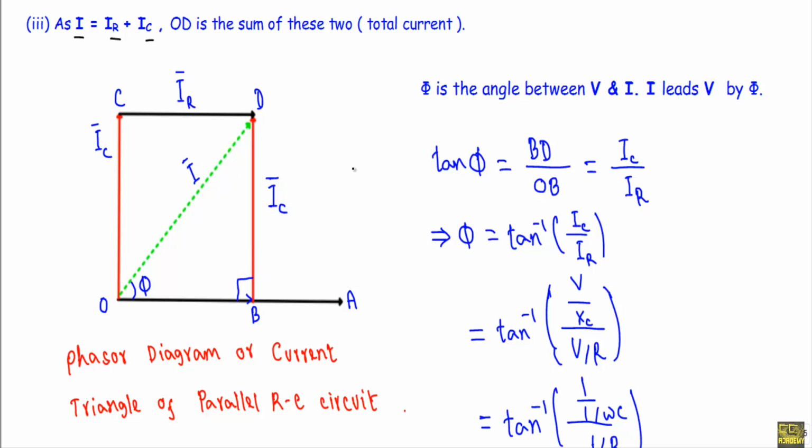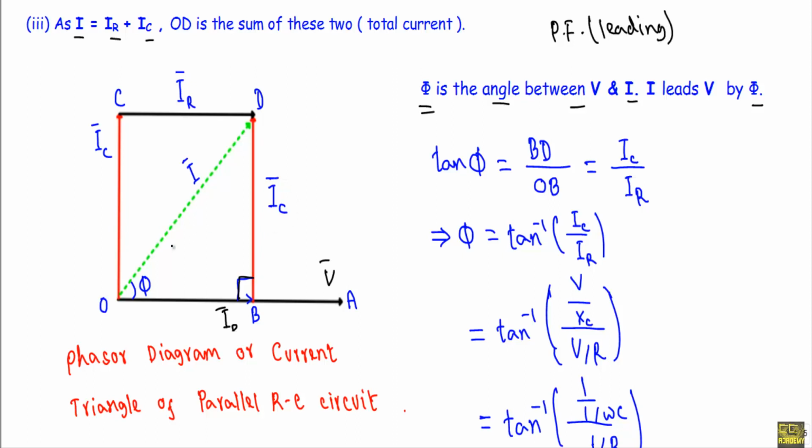Now look here, this is our reference phasor V, or total voltage V, and this is our total current I. Here the angle between I and V is phi. Phi is the angle between the voltage phasor V and current phasor I. It is obvious that the current I is leading the voltage phasor V by an angle of phi. Therefore in the circuit the power factor will be leading because current is leading the voltage.